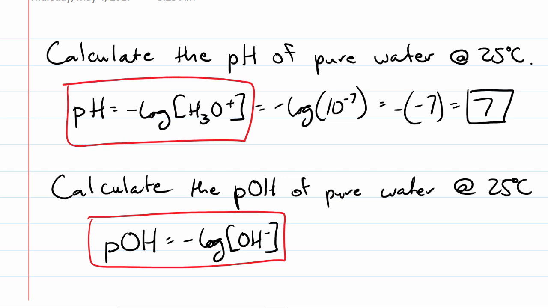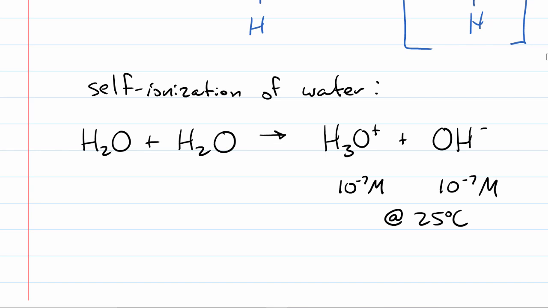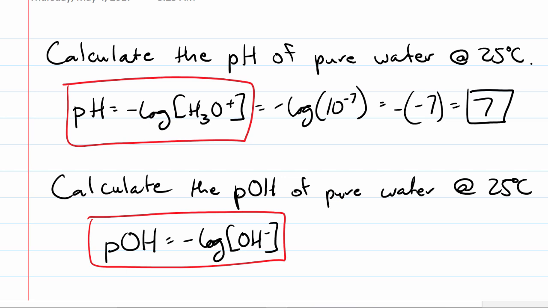But now we also know what the hydroxide ion concentration is of pure water. The hydroxide ion concentration of pure water is 10 to the negative 7th molar. So we can then substitute that in. Put in 10 to the negative 7. If we then take the logarithm of 10 to the negative 7, the logarithm of 10 to the negative 7 is negative 7.